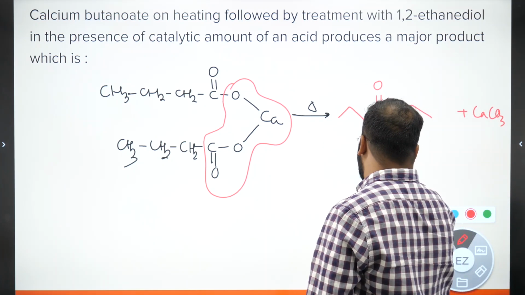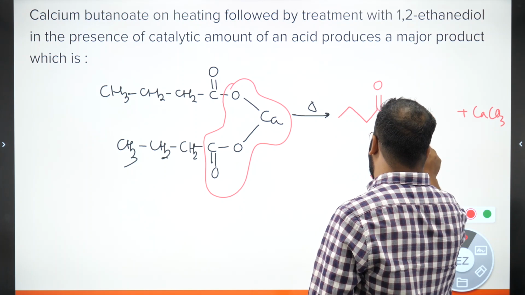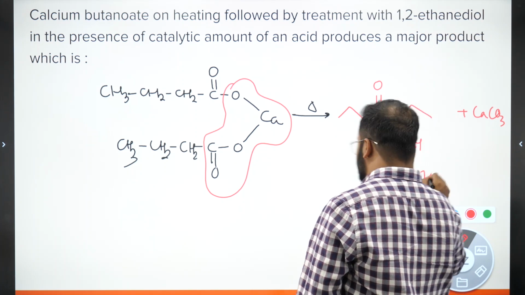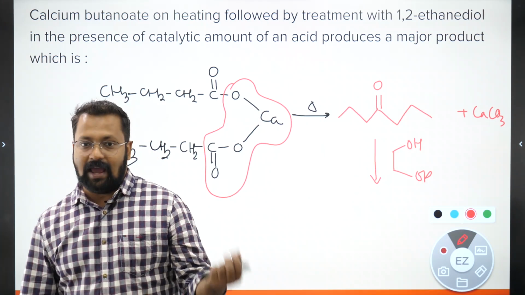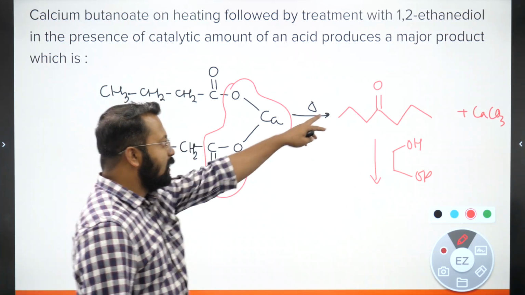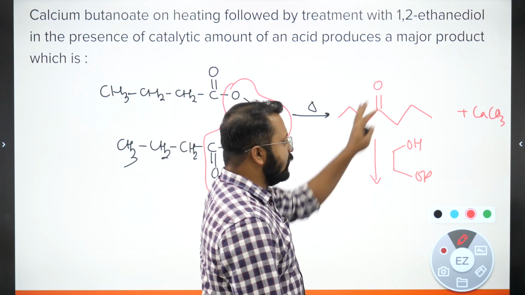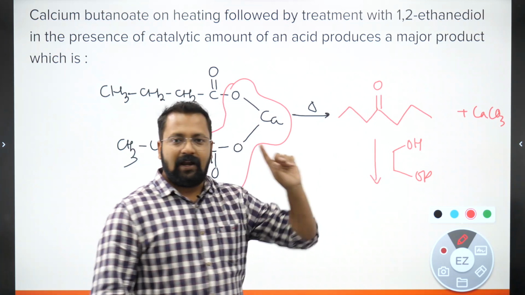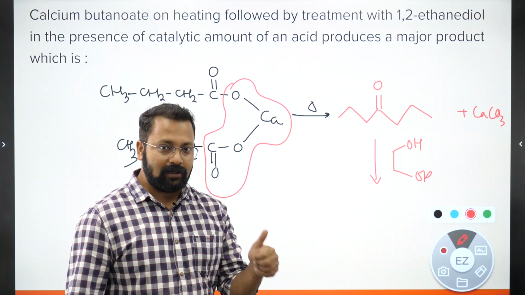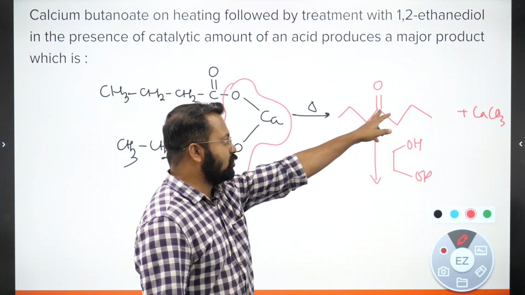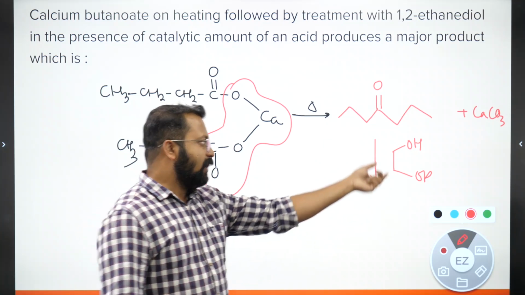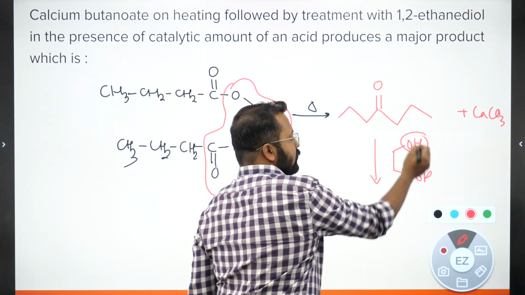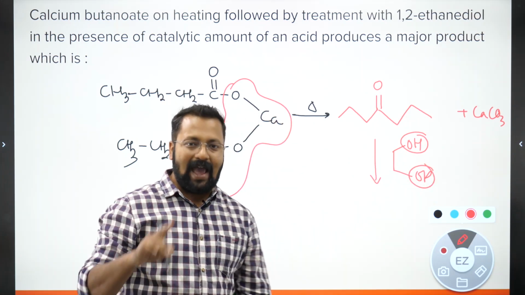Now when this is made to react with 1,2-ethane diol, remember the reaction of alcohol with aldehyde and ketone is very important. It takes place in 2 processes. If one OH reacts, it results in the formation of a hemiacetal. In a hemiacetal there will be one OH and one OR unit. If 2 OH groups react, it will result in the formation of an acetal.